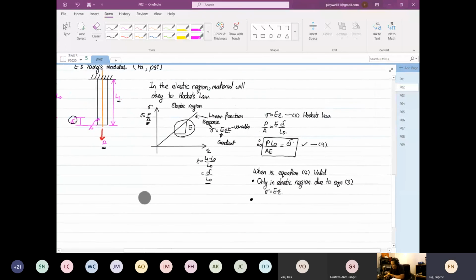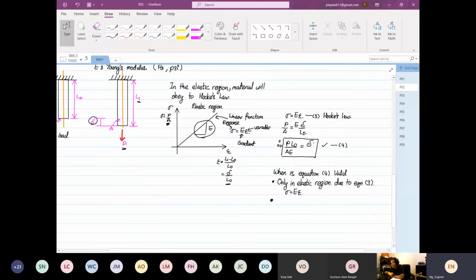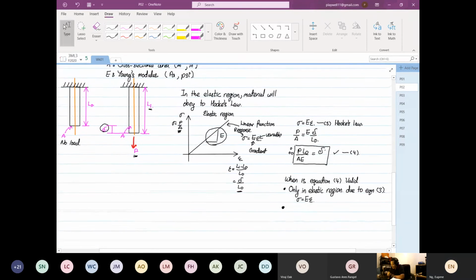I will zoom up for you so you can see better, so you can find the answer. When is equation 4 valid? Linear. Good.